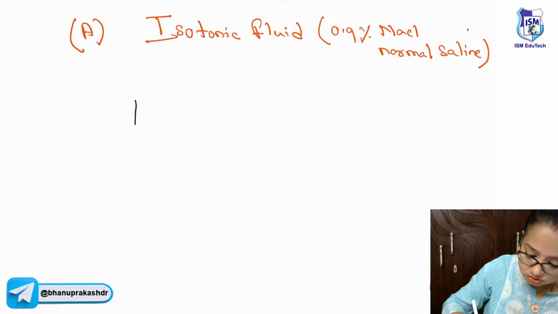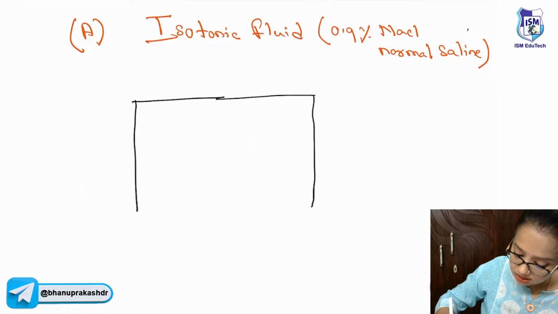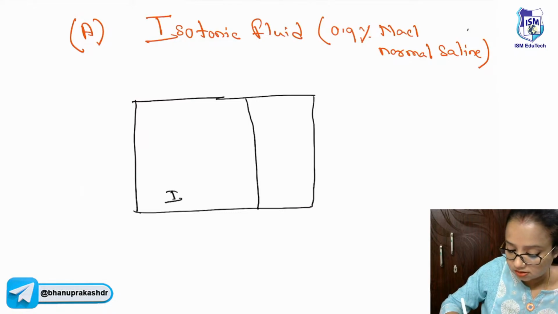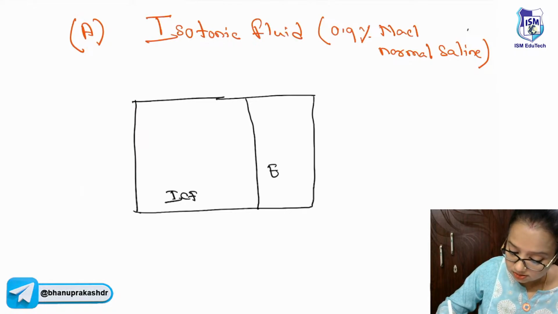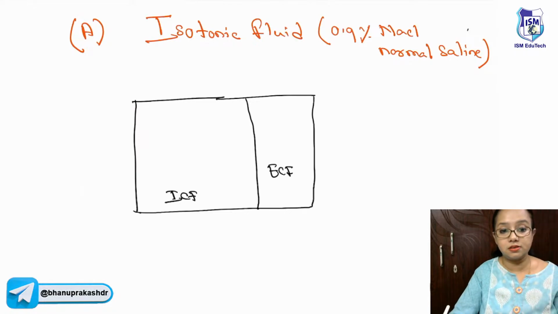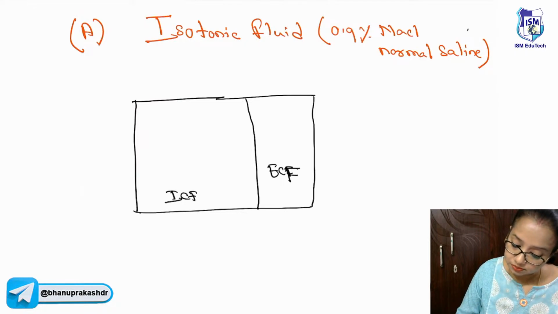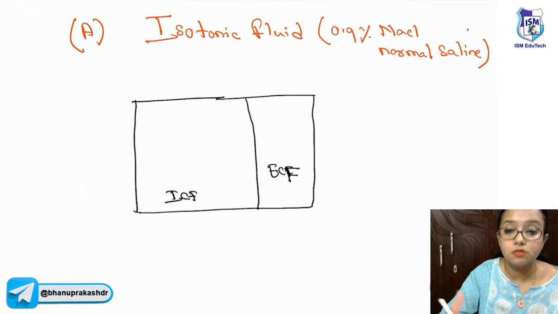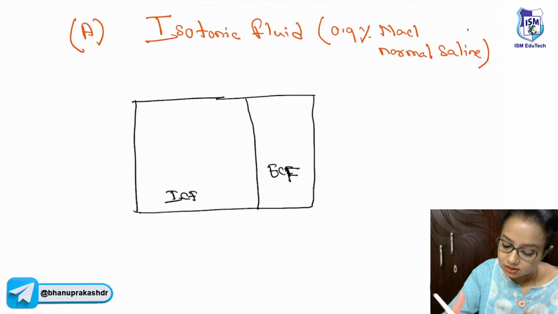So let us draw the cell compartments again. This is the ICF and this is the ECF. So here you see, when there is infusion of normal saline, which is an isotonic fluid, what will happen?